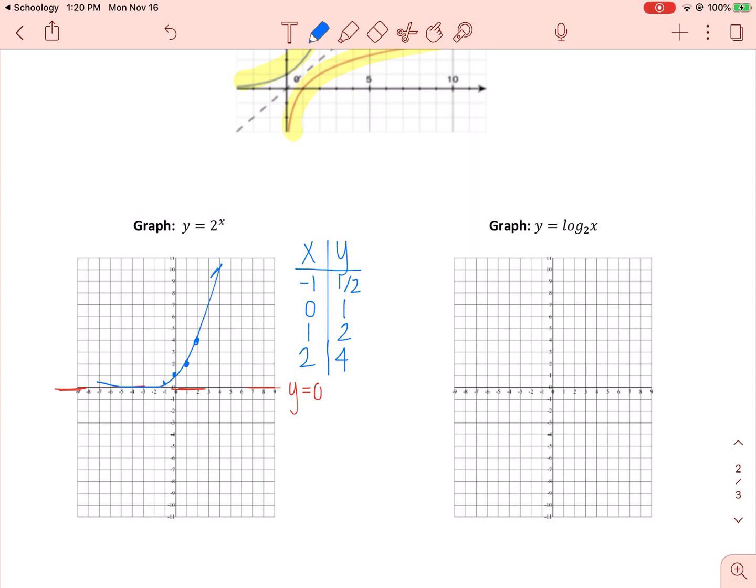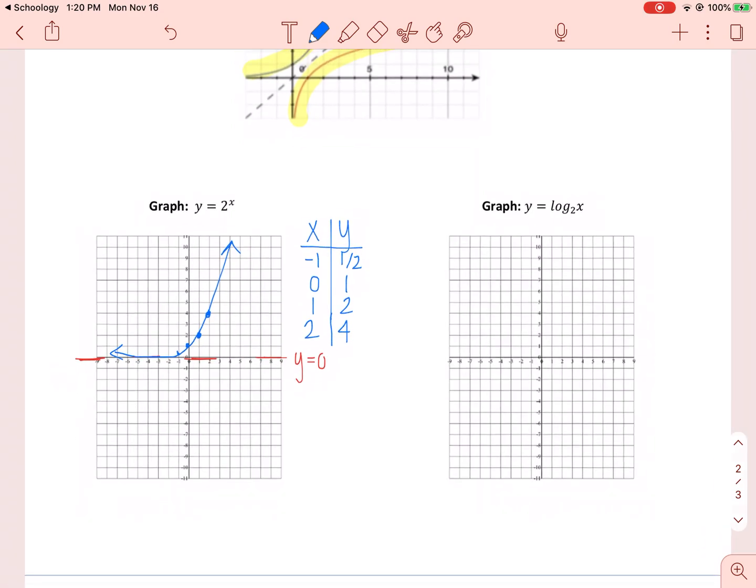And you can connect like so. Let's quickly write out the domain. The domain would be -infinity to infinity, no restrictions. The range, however, will be 0 to infinity, no negatives, and it won't actually equal 0, hence the parenthesis.